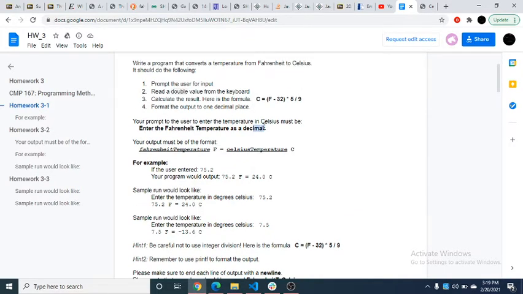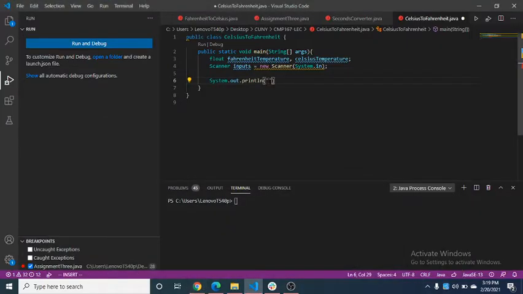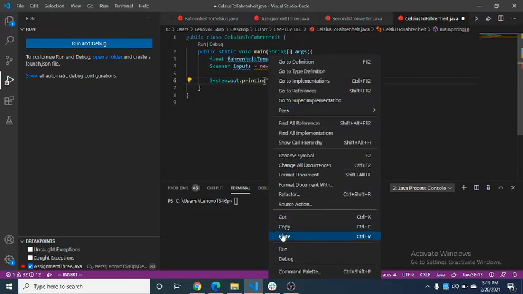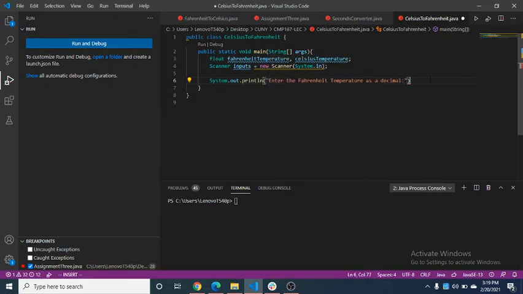Okay. So again, you try to cut and paste this stuff in because you want to avoid making mistakes. You want it to be like how Zybooks has it. Right? And let's not forget, we're doing the opposite. So I'm going to switch this to Celsius.